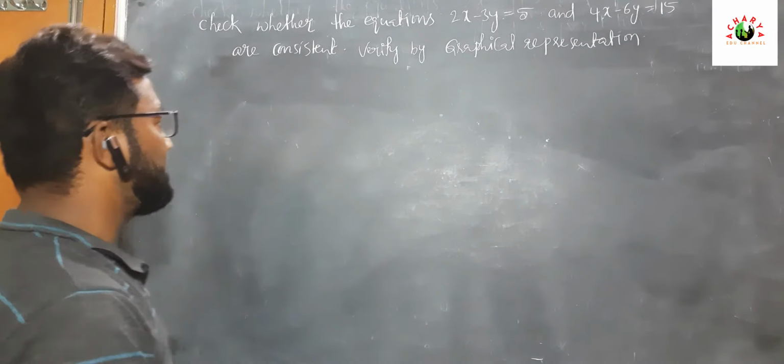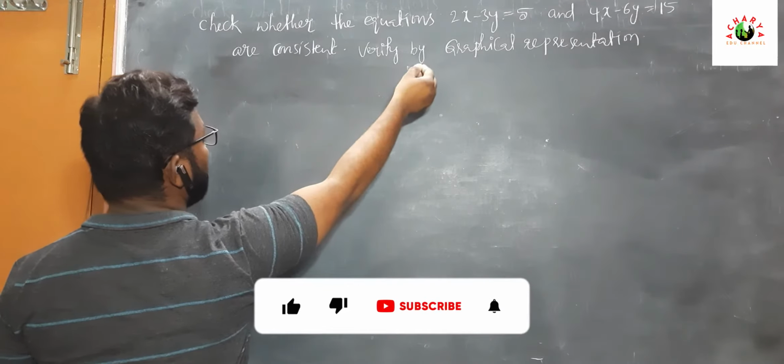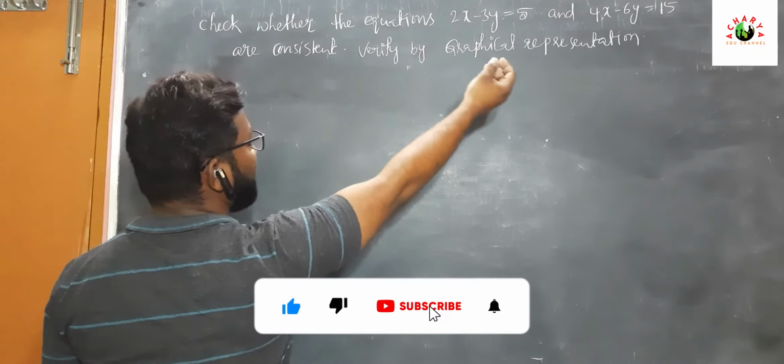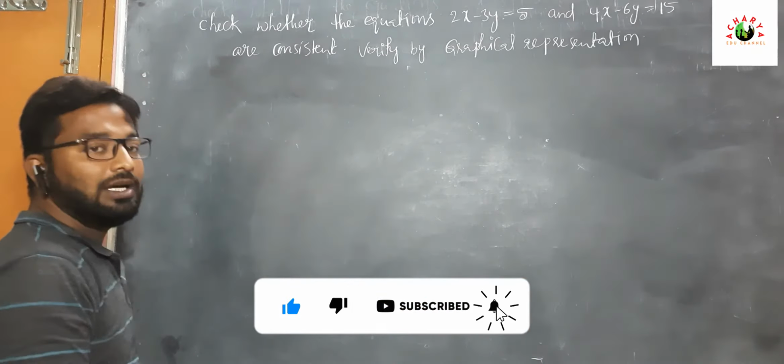Now here first we have to verify the coefficients and the nature of the equations. The given equations are 2x minus 3y equal to 5 and 4x minus 6y equal to 15.